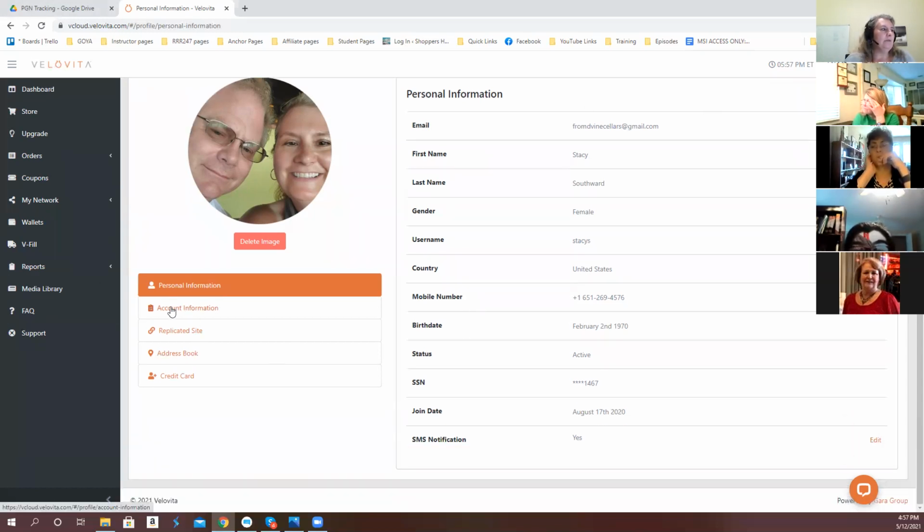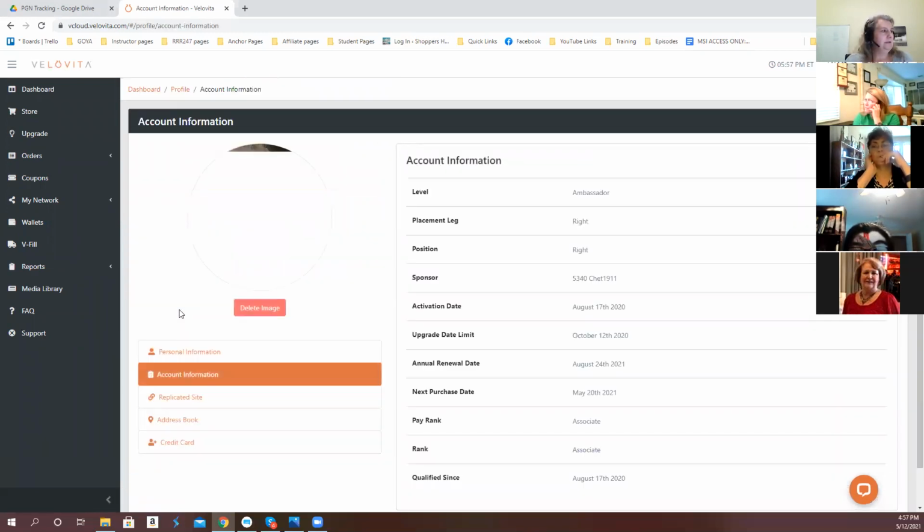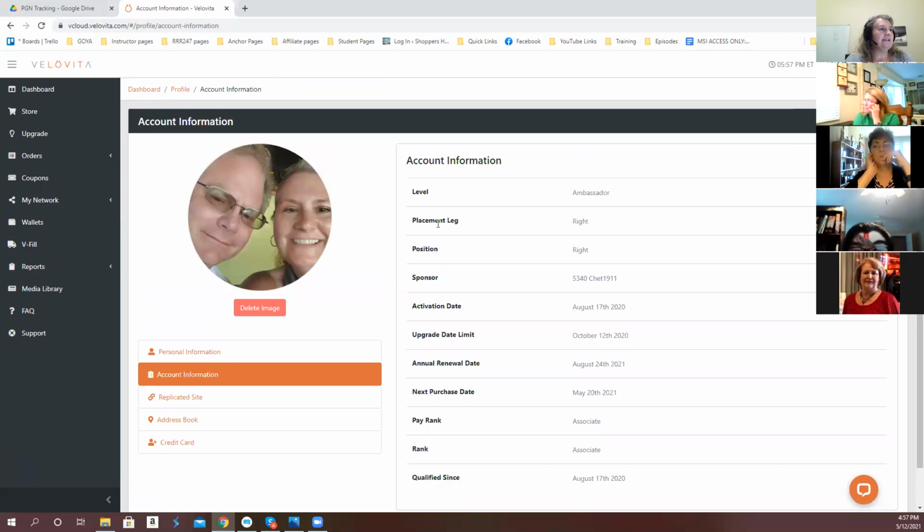Now I'm going to come over here to account information, and see how it says that I'm on the right side of Priscilla. Actually, I'm on the right side underneath Chet. And so I'm on Priscilla's right leg. That's not necessarily her strong leg, I'm just on her right leg.